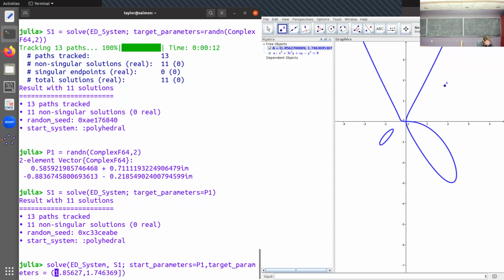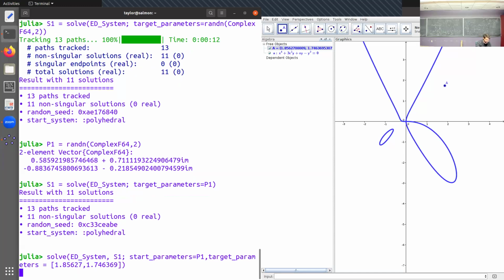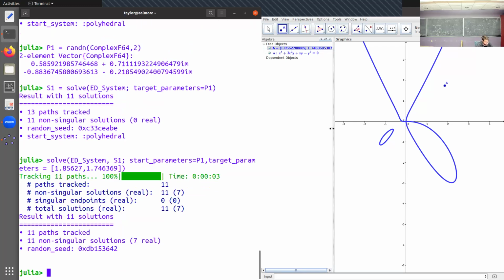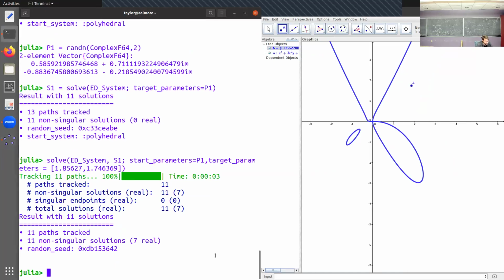So now I'm taking my generic solution set that I computed by doing a polyhedral homotopy, resulting in 11 solutions. And I'm taking that and tracking them via a parameter homotopy to the parameters that are in my GeoGebra picture here.